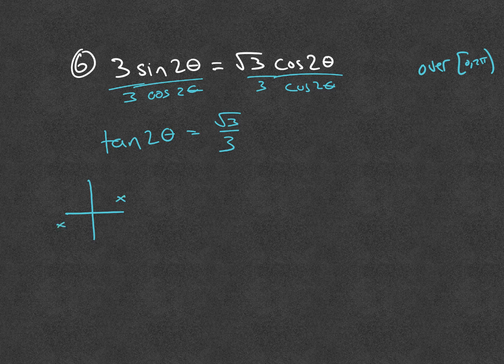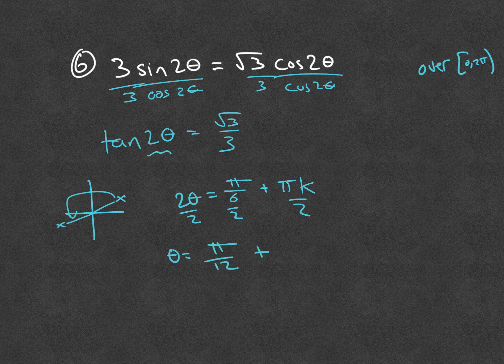Okay, so that means we're going to say 2 theta equals pi over 6 plus, and actually what's nice is that these two answers are pi apart from each other, so I don't need to do this twice. I can just do plus pi k. So then I'll divide by 2. I get theta equals pi over 12 plus 6 pi over 12 k. There's that common denominator.